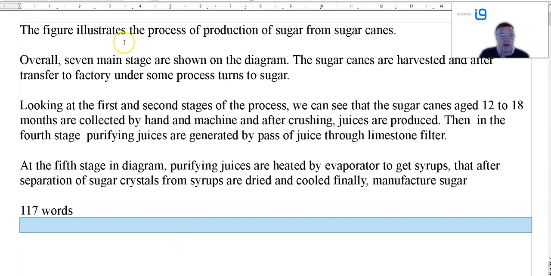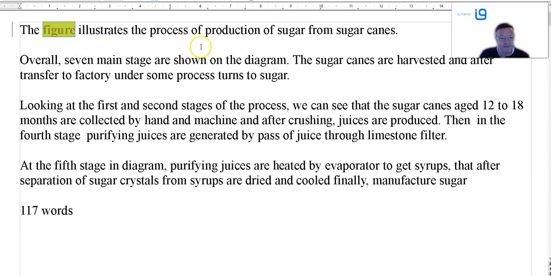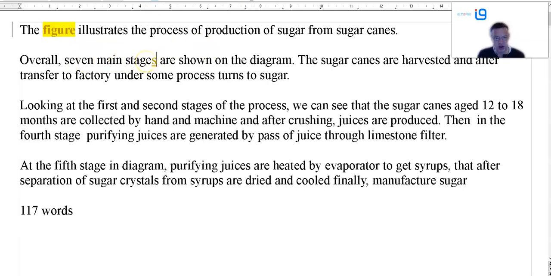Okay, so the figure illustrates the process of production from sugar canes. The figure, well, it's not a figure, is it? It's a diagram. Overall, 7 main stages are shown on the diagram. The sugar canes are harvested and after transfer to a factory under some process turns to sugar.